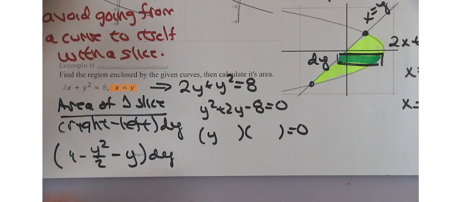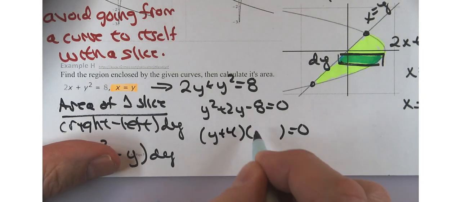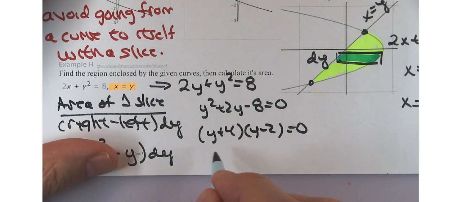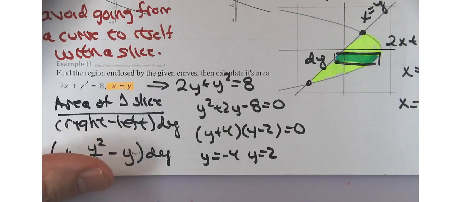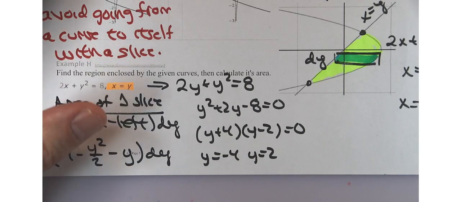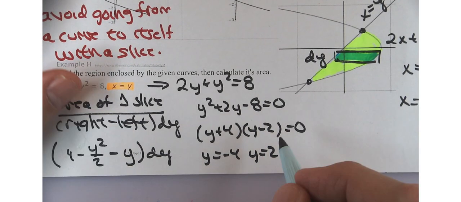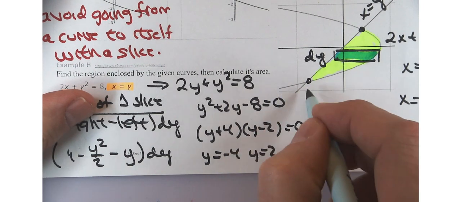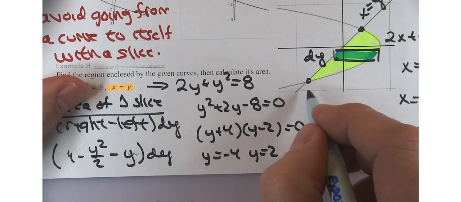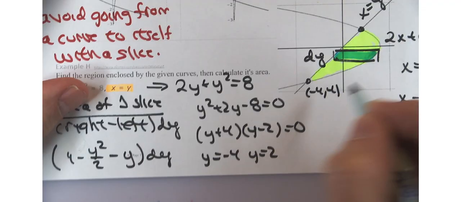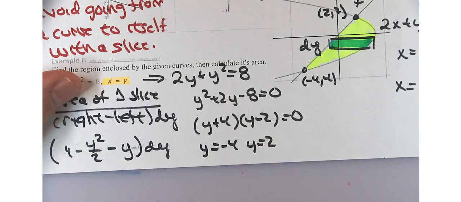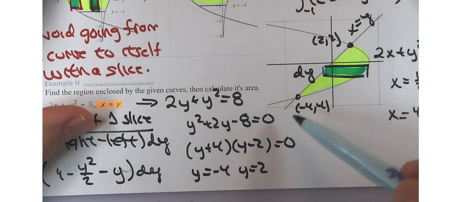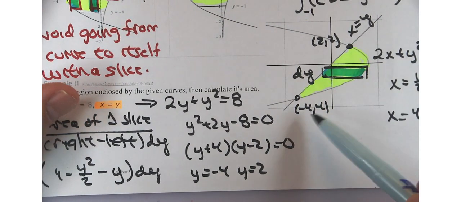Yeah, y plus 4, y minus 2. So that gives me my two solutions, negative 4 and 2. Thanks, Robert. So, yay. Negative 4 and 2. So this point would be negative 4 and negative 4, and this one would be 2 and 2, because y is equal to x along this line. So that's where you're getting that other unknown x value.